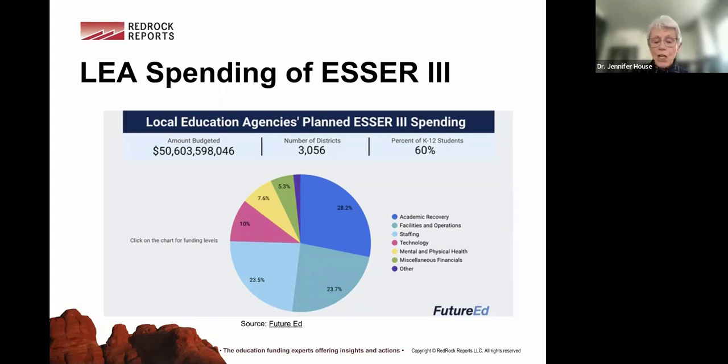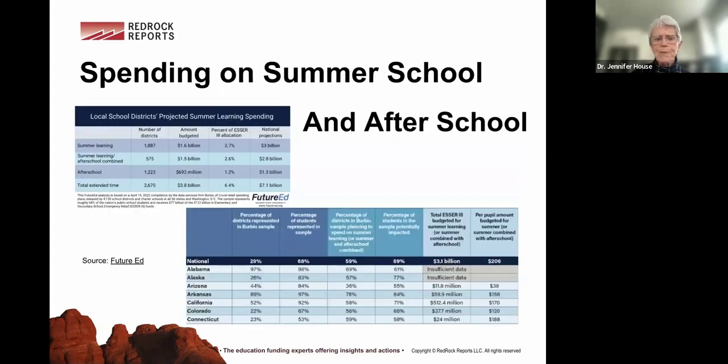It may be the technology that you needed to buy for that. But you can see what the LEAs are saying they are using the money for. And this is a survey of 3,000 different districts, 60% of all the students in the country.